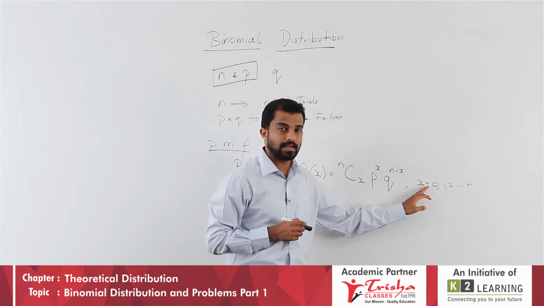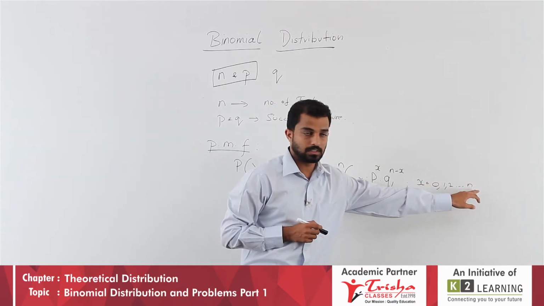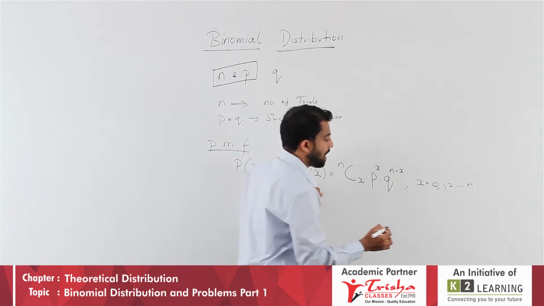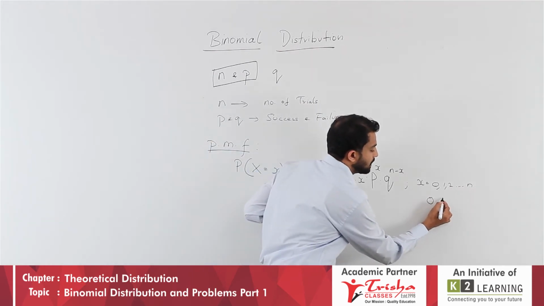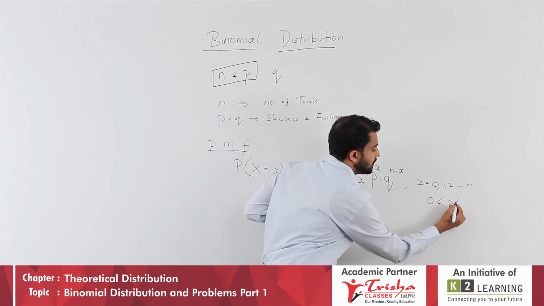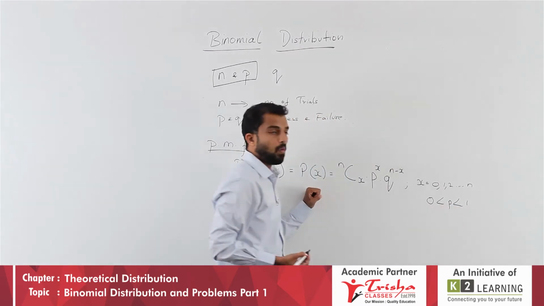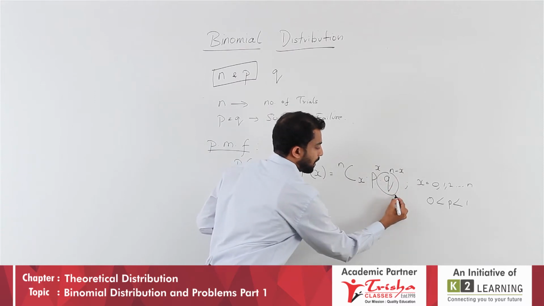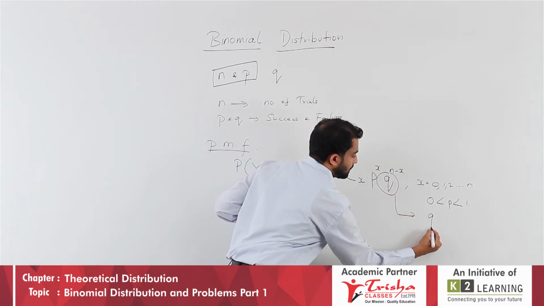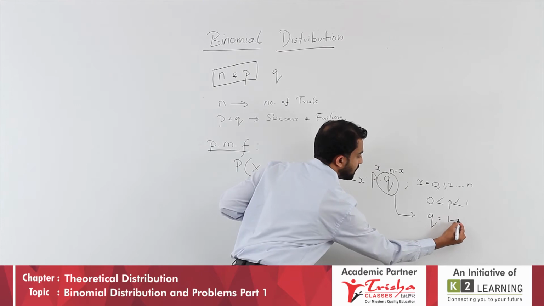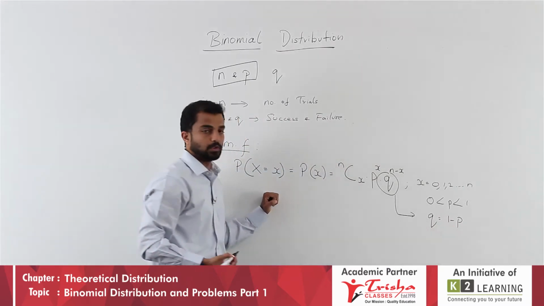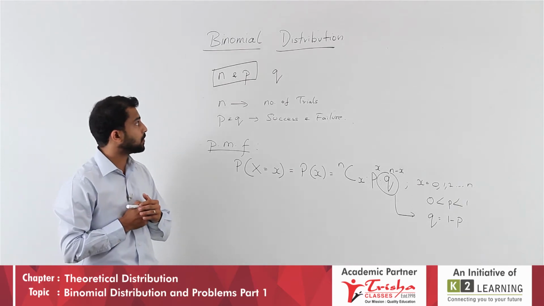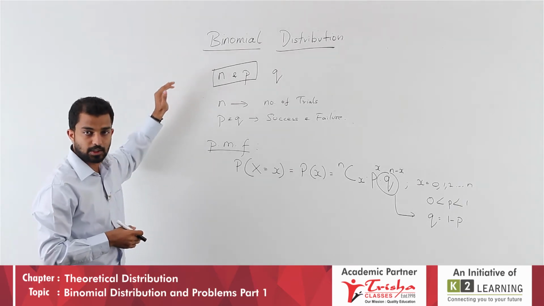Don't forget to write the range, x is equal to 0, 1, 2 up to n. And secondly, remember any probability lies always between 0 and 1. And as usual, Q is nothing but 1 minus P. So remember students, this is binomial distribution.